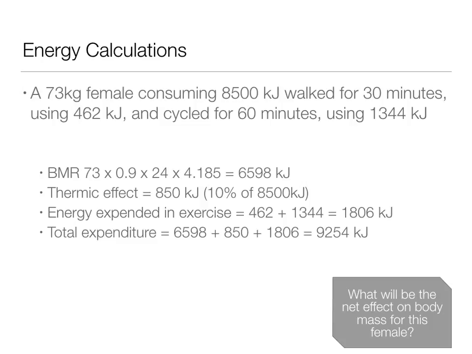To work out her total energy balance then, we need to take her energy intake of 8,500 kilojoules and subtract her energy expenditure to find out that she has a negative energy balance of minus 754 kilojoules. A negative energy balance implies that if this pattern were continued over time, this female would lose weight.